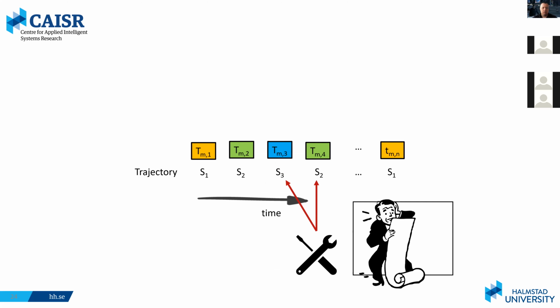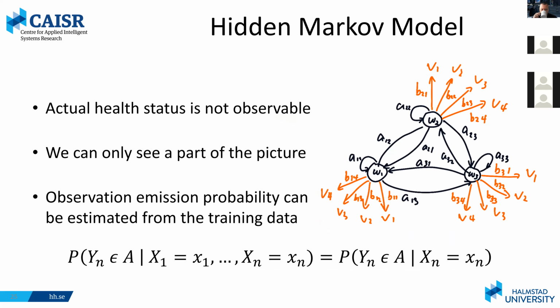And that was, of course, a very simplistic way of looking at it, because we assumed a fully observable Markov model. In reality, what we have is much closer to a hidden Markov model, because there is some kind of actual health status of the equipment that is generally not observable, right?